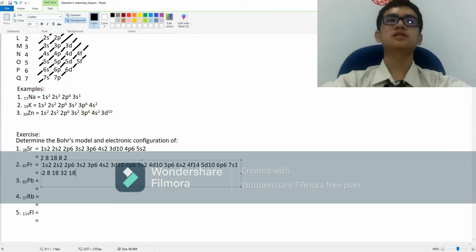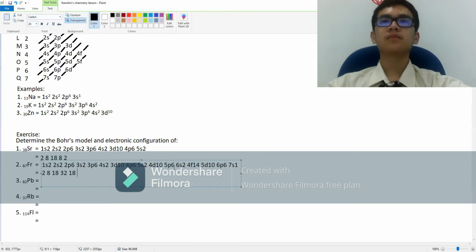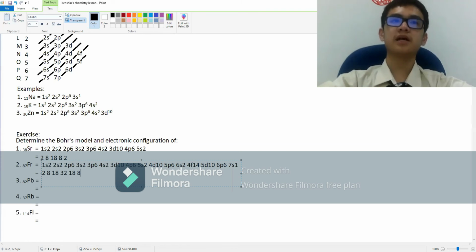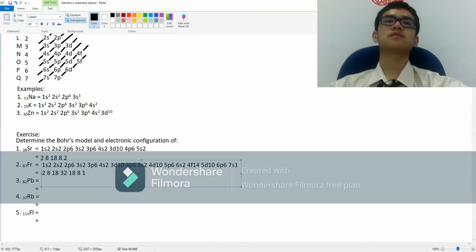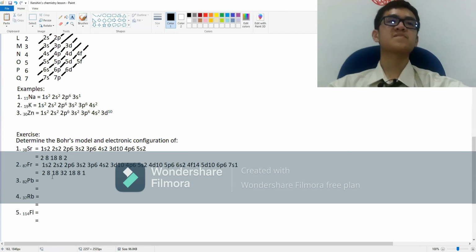So that's 18. And then the sixth shell you have 6s2 and 6p6, so 2 plus 6 is 8. Now the seventh shell is only 1. So far so good? I sure do hope so.